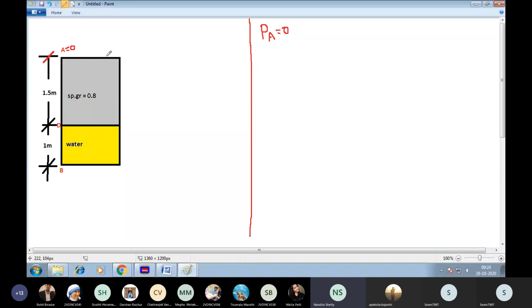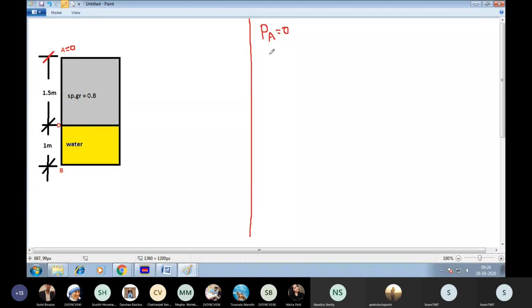Because the surface of the liquid is in contact with what? The air, ma'am. The surface of the liquid is in contact with the air or atmosphere. So therefore, no pressure is going to be exerted at point A.